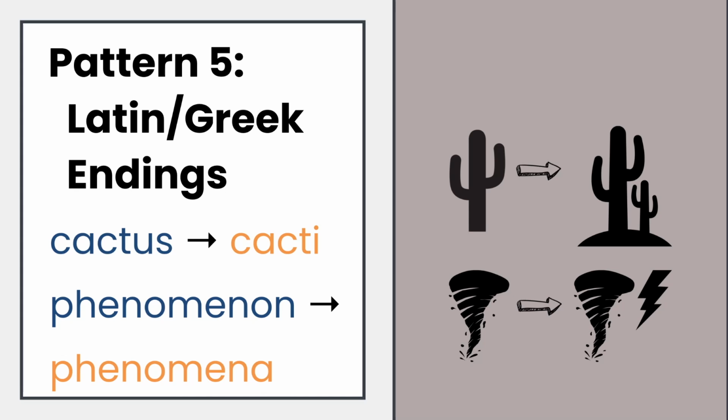Greek words often form plurals using endings like es or mata. For example, phenomenon becomes phenomena. The main idea is that English borrowed the words along with their native plural patterns, which is why they look irregular compared to typical English words.